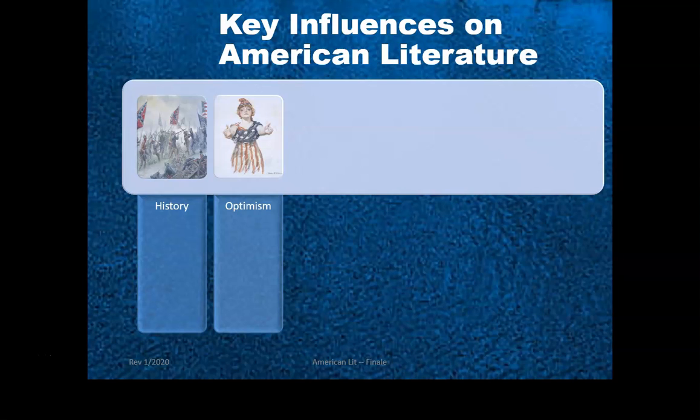The second is the innate optimism of Americans, that life can be better and that we can make it better if we work hard to try. We are not normally a very pessimistic society that thinks things are bad and will get worse.